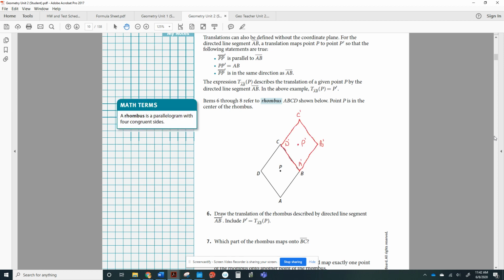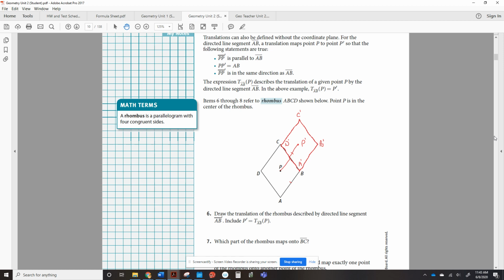And it says that the distance from P to P prime is equal to the distance from A to B. There's no line segment mark above this, so that means I'm talking about the distance. So the distance from P to P prime is equal to the distance from A to B. So this measurement right here is the same as this measurement right here.